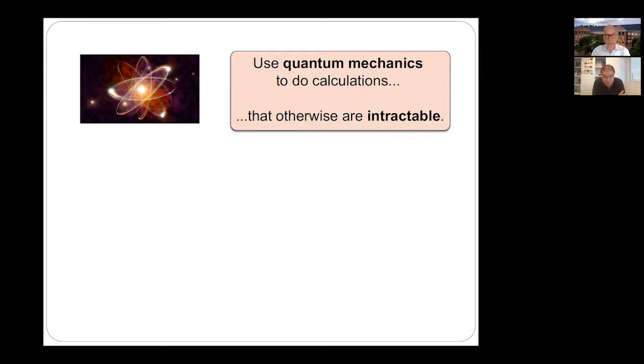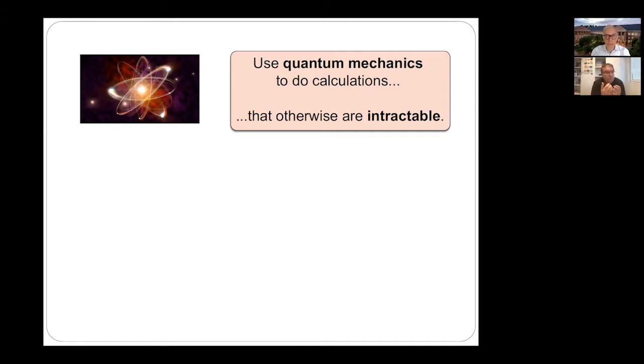Classical computers use the classical laws of mechanics to process information. Quantum computing is different in the sense that what we are going to do is store the information in quantum systems themselves, for instance in the energy levels of an atom or an ion.